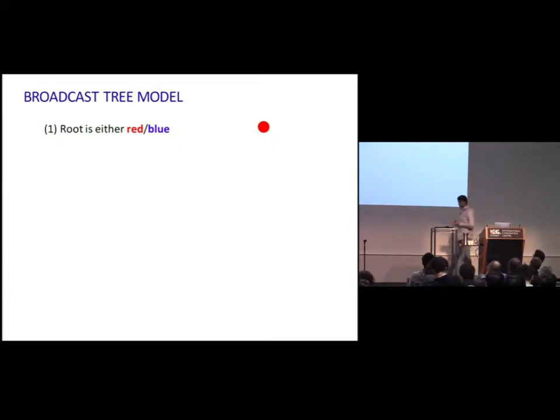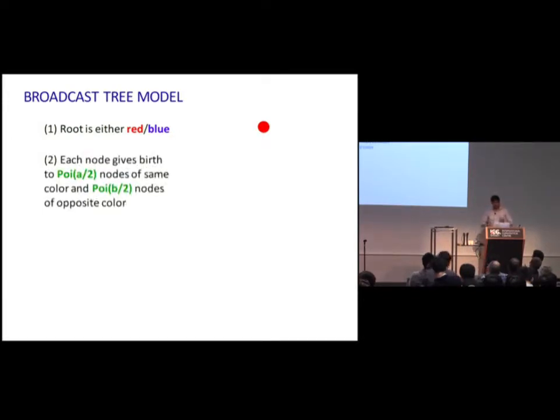So what is the broadcast tree model? It's another recovery problem in the same spirit as community detection. The idea is you start off with some root node that's colored either red or blue. And then you have some sort of noisy broadcast procedure about how this color gets transmitted to its descendants. Each red node gives birth to a Poisson(a/2) number of nodes of the same color, and a Poisson(b/2) number of nodes of the opposite color.